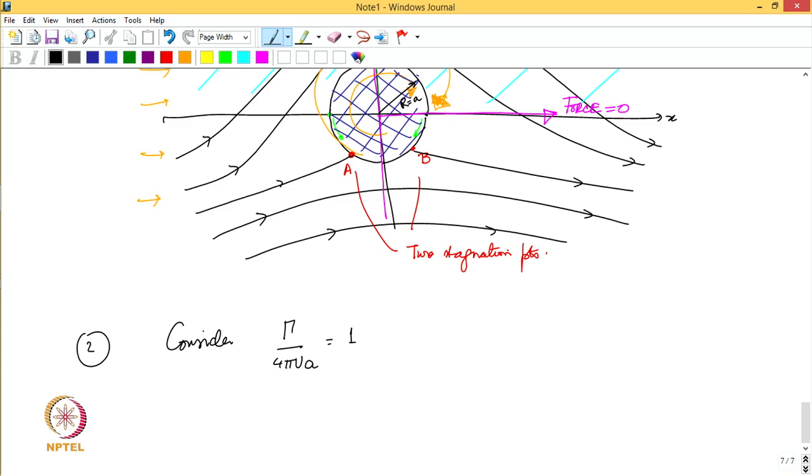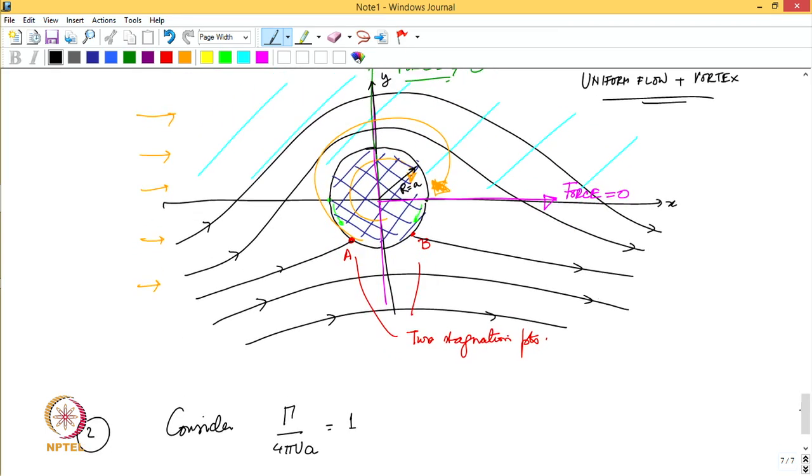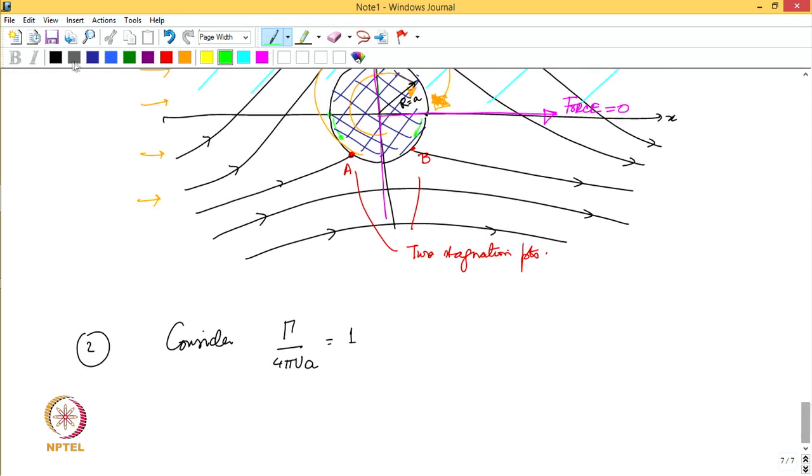So, what has happened here is that, as I said, as the circulation increases, the stagnation points start moving downwards. A and B move away from the equator. So, when gamma by 4 pi u a is equal to 1, this is a critical case. In this case, sin theta s should be minus 1, which means theta s should be 3 pi by 2, which is the point on the negative y axis.